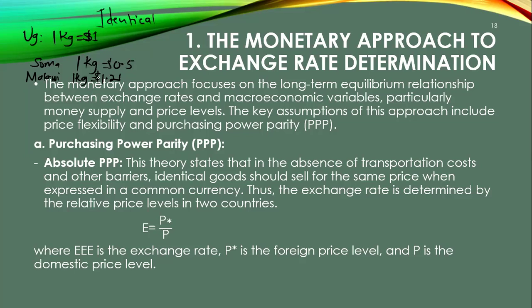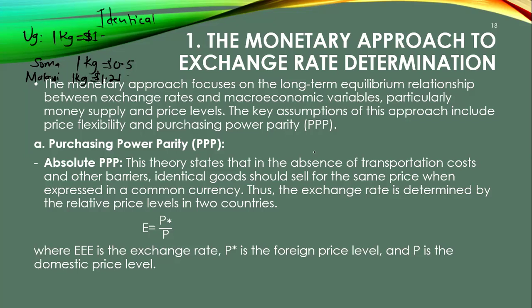When you look at all the scenarios, this one is 1.5, this is $1, and this one is 1.25. 25 kilograms of sugar is $20, which is about 0.8 per kilogram. So it is almost an approximation of $1.